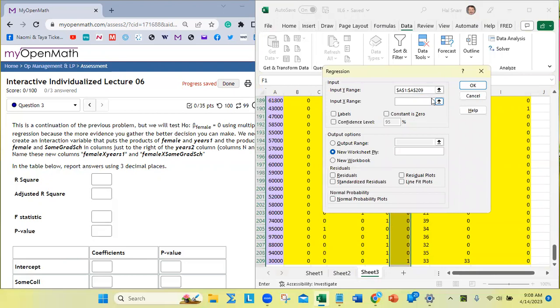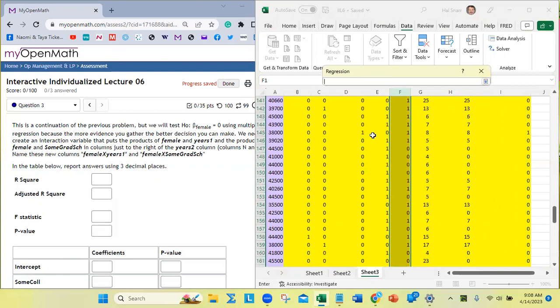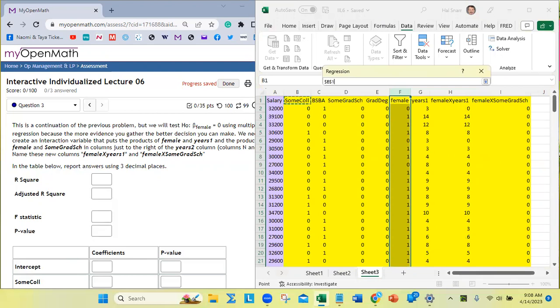For the X range, you're going to click on cell B1. Then hold down Control Shift if you have a PC, Command Shift if you have a Mac. Hold down those two buttons at the same time and continue to hold them down.